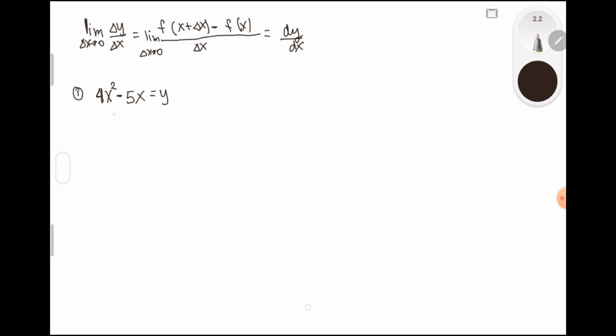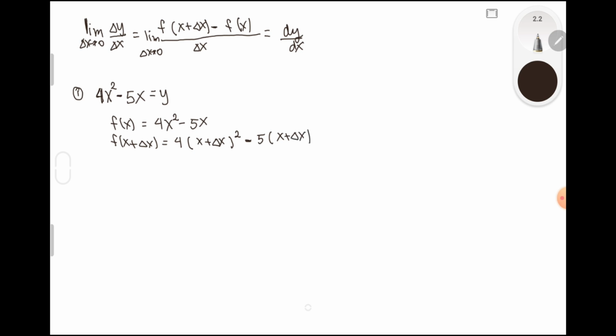In our first example, we have our f of x, which is equal to 4x squared minus 5x, and our f of x plus delta x is simply equal to 4 multiplied by x plus delta x squared minus 5 multiplied by x plus delta x.